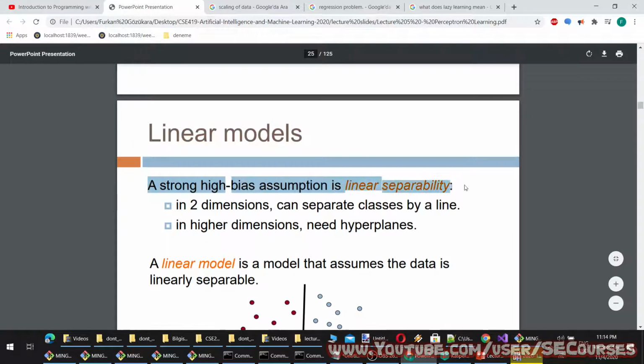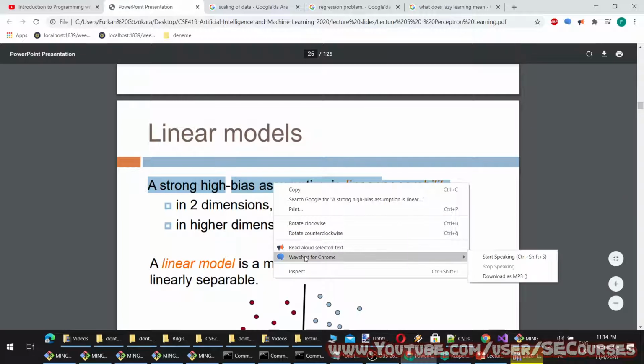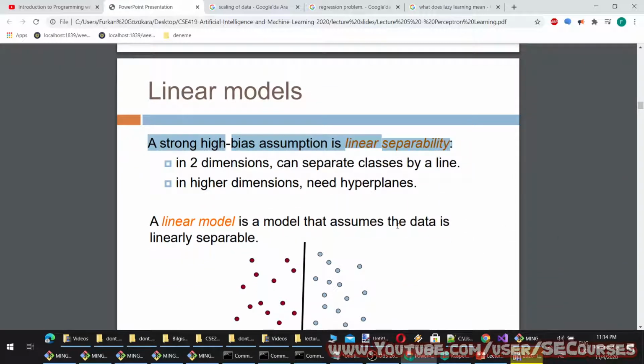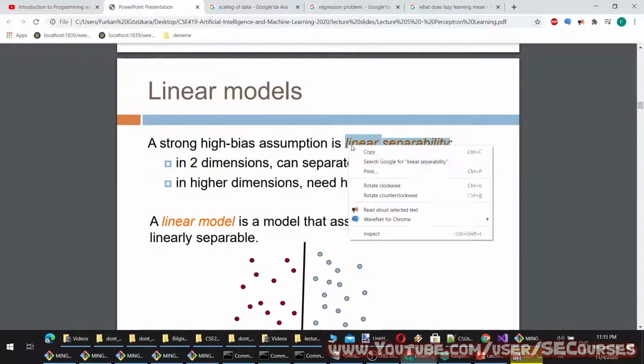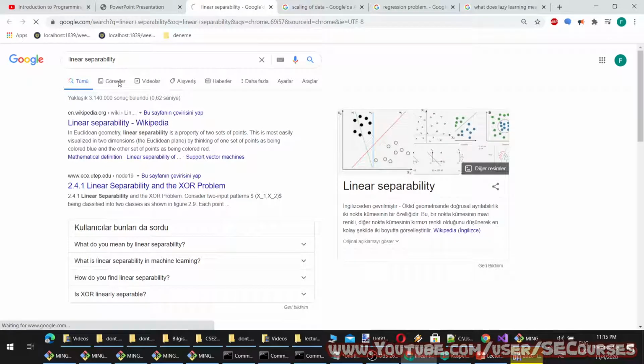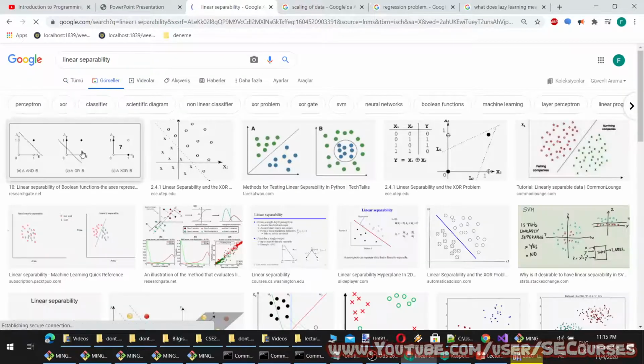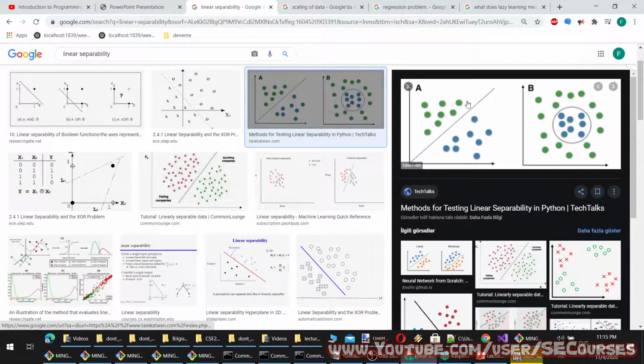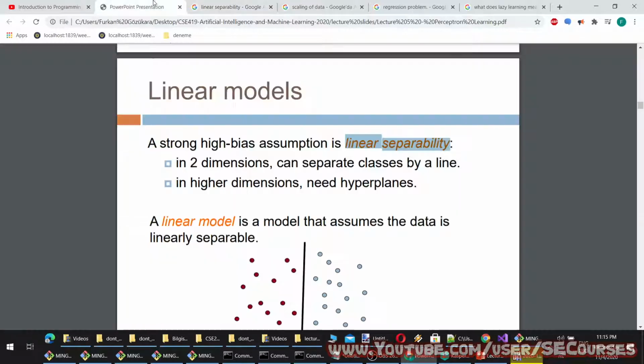Linear models. The strong high bias assumption of linear models is linear separability. So what is linear separability? It means that you can separate data with a linear line like this. So this first example is linearly separable, however this one is not, obviously.